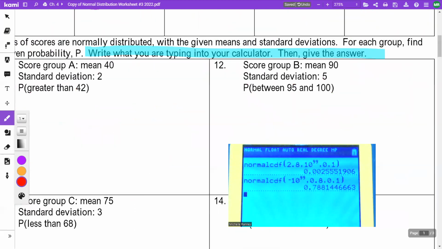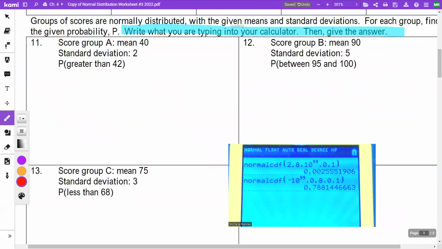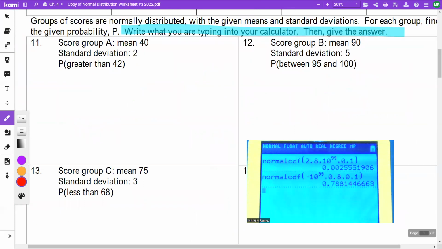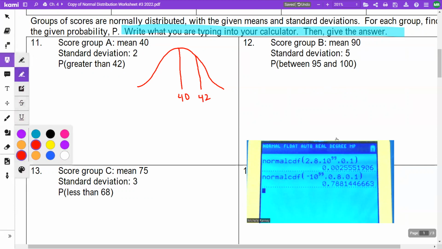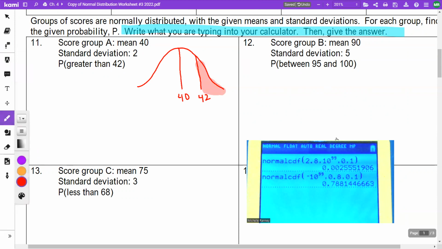Okay, this next section is going to be each one a totally different situation, okay? The first one, we're going to have a mean of 40, standard deviation of 2, and I want it greater than 42. So I'm going to do normal CDF. My minimum's 42. My maximum is infinity, or 10 to the 99.